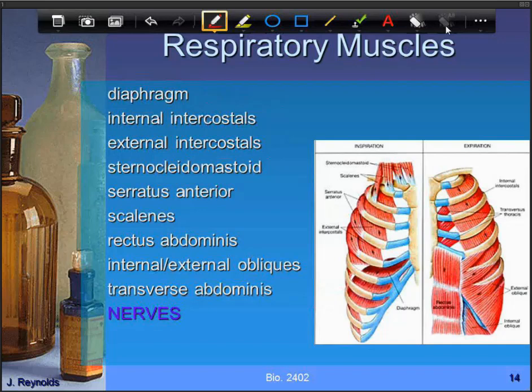The externals, there's a direction of them. Notice the direction's going this way, okay? Look at my direction. Here are the fibers of the external intercostals, that way. On the other side, of course, they'd be going the opposite direction, inward.